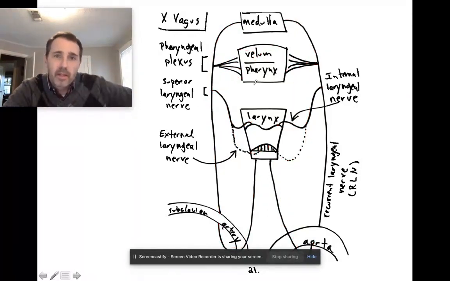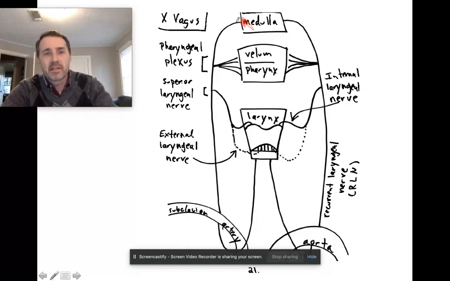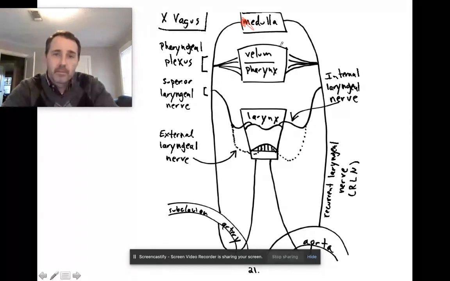But more than likely, what you'll see is people are going to have strokes at the brainstem, and it's going to knock out an entire side of the vagus. So they're going to have a weakened one side of the velum and a weakened one side of the pharynx.